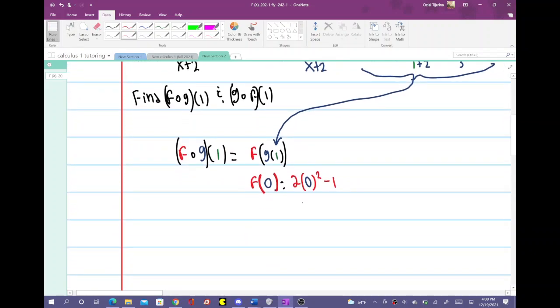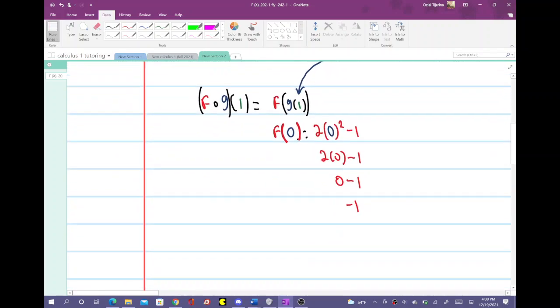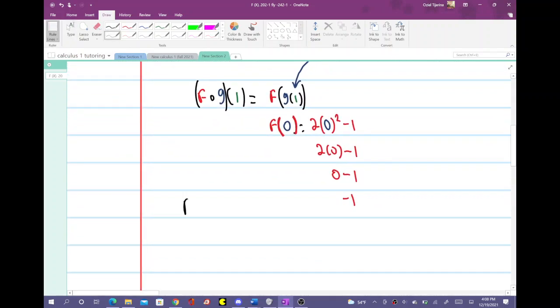So we have 2 times 0 minus 1, which is 0 minus 1, which is negative 1. So f of g of 1, so f composed with g of 1, equals negative 1.